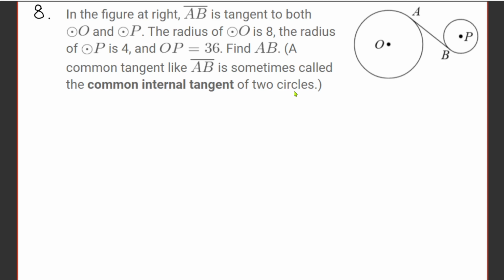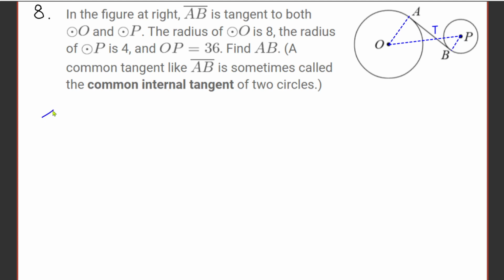So here we have tangents and we are looking for a length, right? So we could build right triangles by connecting O and P. And also let's connect O and A, because if we have a tangent of a circle, usually we can make use of some right triangles by connecting the corresponding radius. So let T be the point where AB and OP meet.